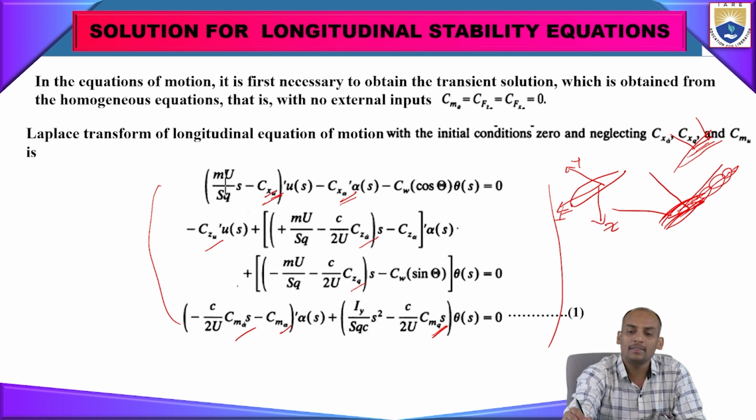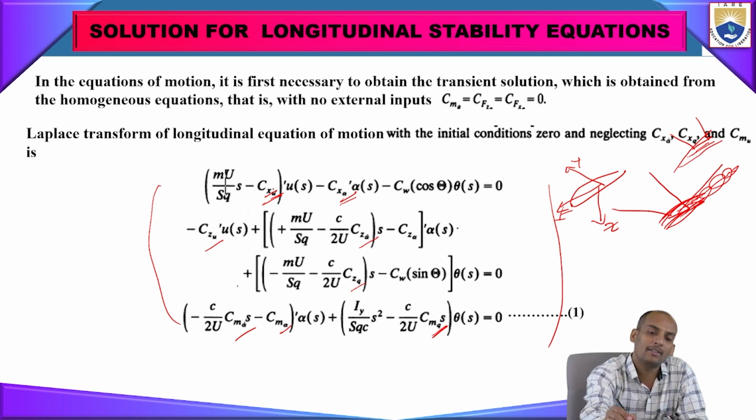So the linear direction stability derivatives will be defined with x notation, and the downward direction changes will be notated with z. These linear direction changes will be with respect to velocity and angle of attack, which we call u and alpha.